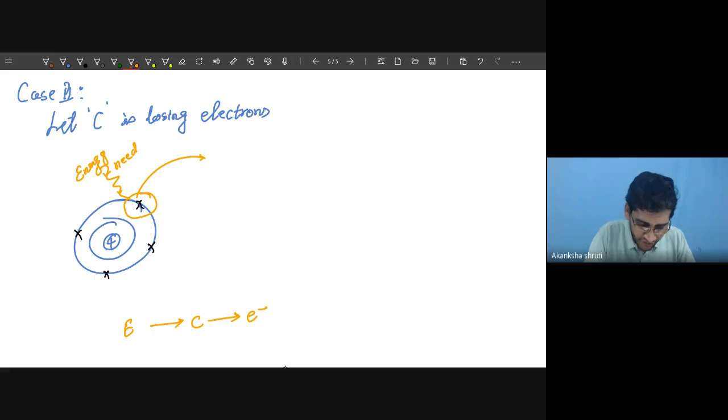For removing one electron, I need a certain amount of energy. Let us call that E1. Say E1 may be 10 joule, 20 joule. It is in the form of electron volt. You will learn in higher standard, but no need to quantify. Let us consider the energy required is E1.